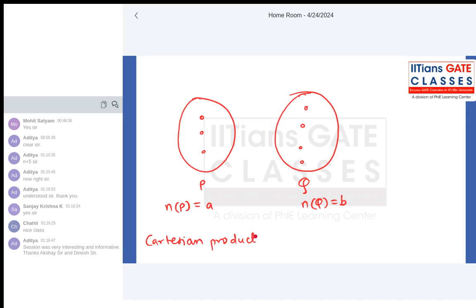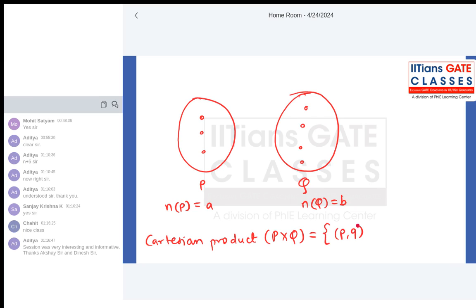Basically, you make pairs of all the elements in one set, P, and another set, Q. This Cartesian product is defined as P cross Q, and you have (p, q), the ordered pair of elements of sets P and Q.